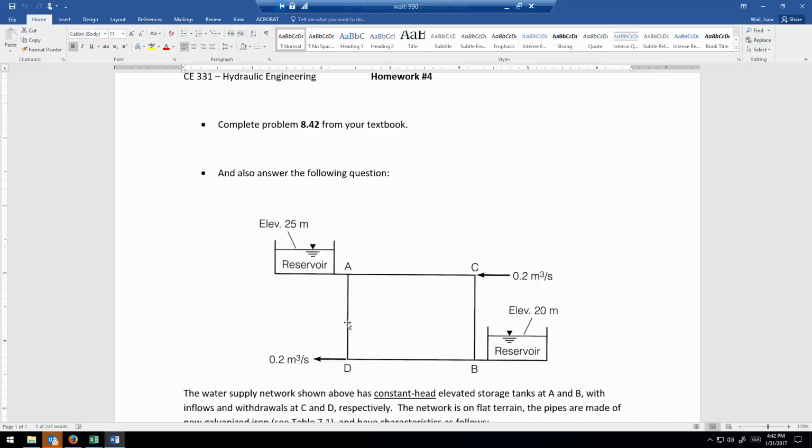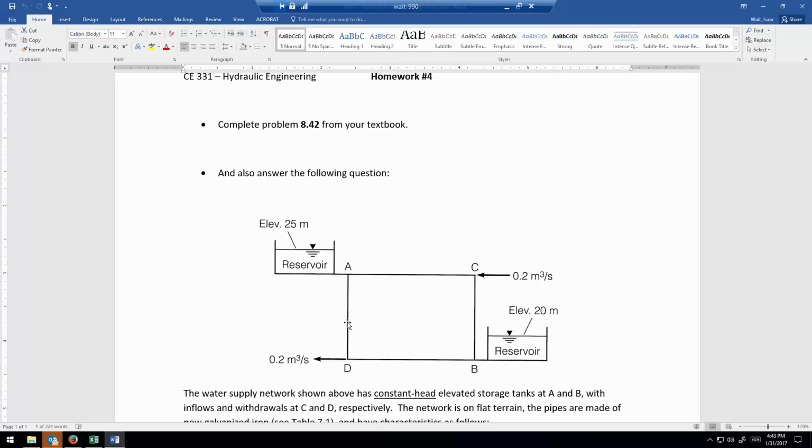But the bottom line here is that we're using the nodal method because we have to do it 2 times. There's the upper half of the network and the lower half of the network, and what we know is that at C and D, continuity is honored, and then the energy equation side of things is we know how much head there is at A.